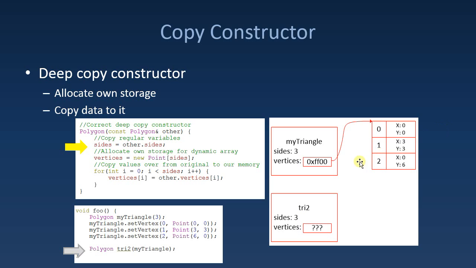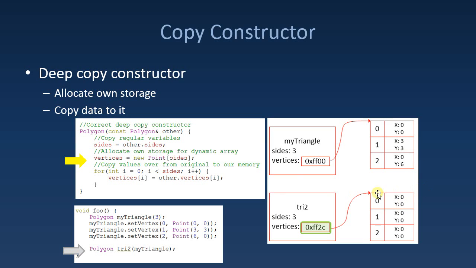All right. So he's got this memory address of an array. Well, that means I need to allocate a new array of that same size. So I go make my own array with 3 points. And now, making my own array with 3 points, there's no magic way to kind of copy that old array into this new one.